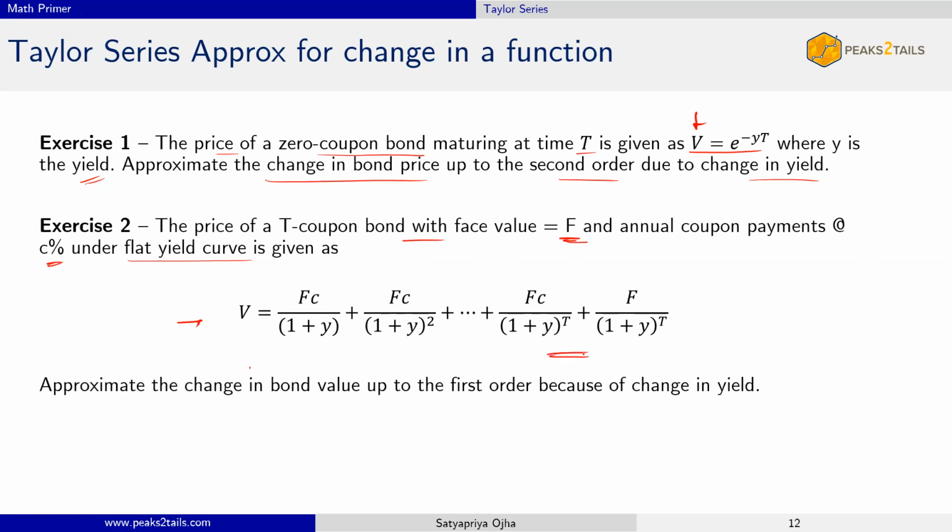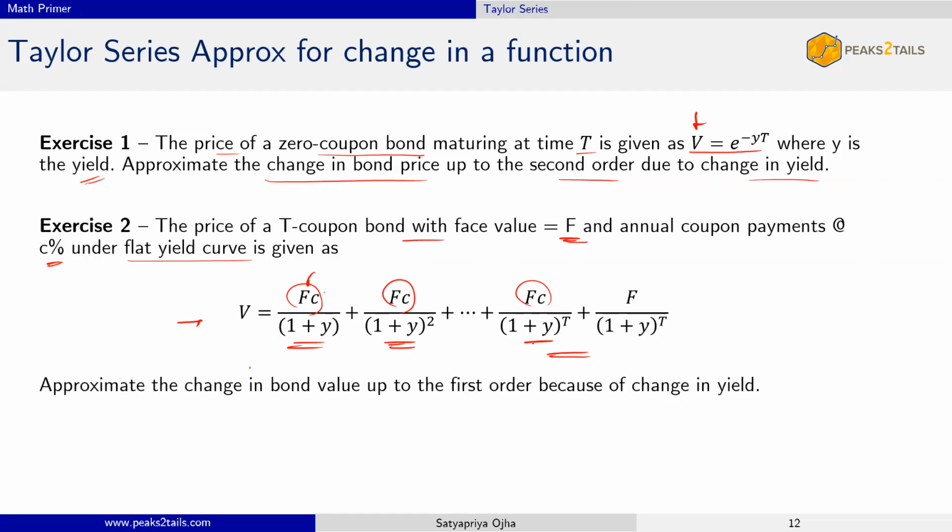So this is the valuation formula for a coupon bond. Face value times C% is the coupon rate. This is the coupon that you keep getting until the end of maturity. They get discounted by the respective discount rate. If you discount it like this, the yield curve is not continuous compounding, it is annual compounding.